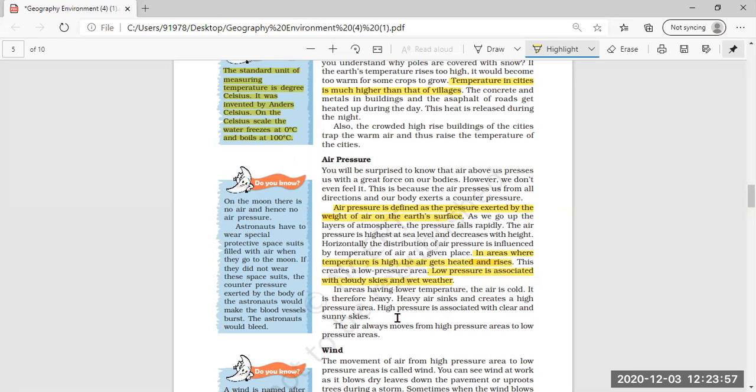In areas having low temperature, the air is cold. It is therefore heavy. Heavy air sinks and creates a high pressure area.